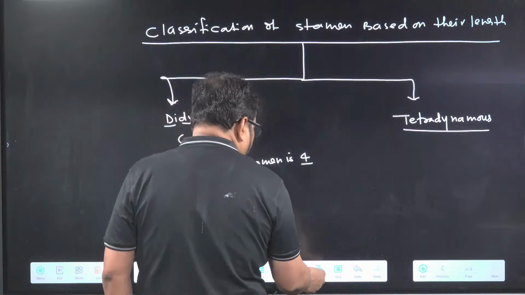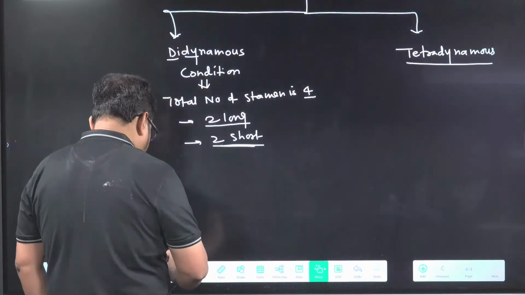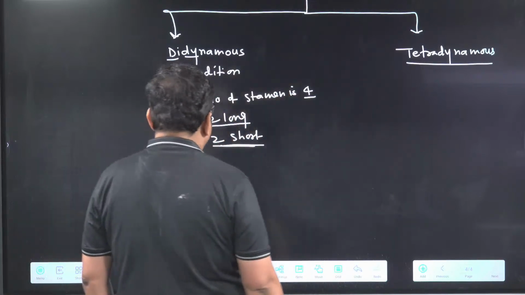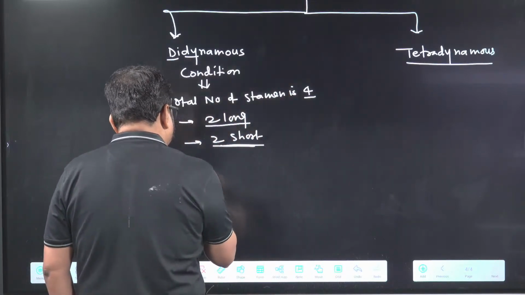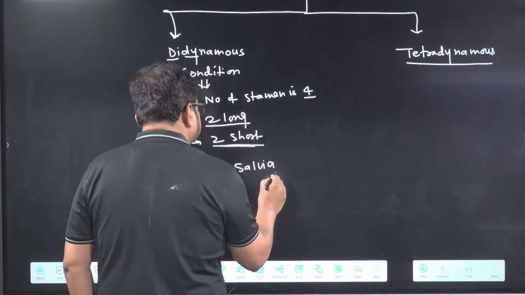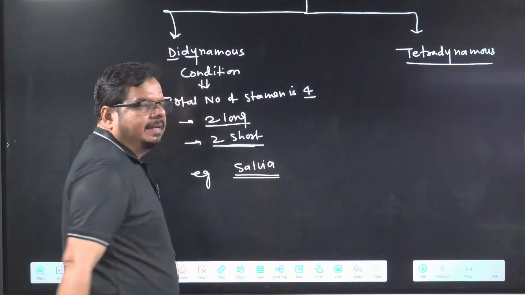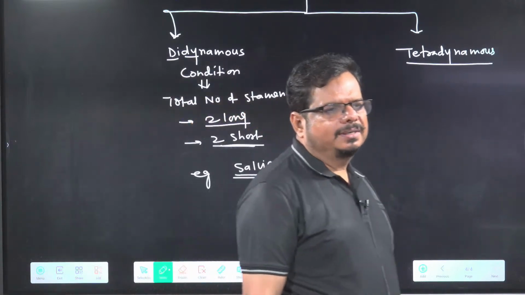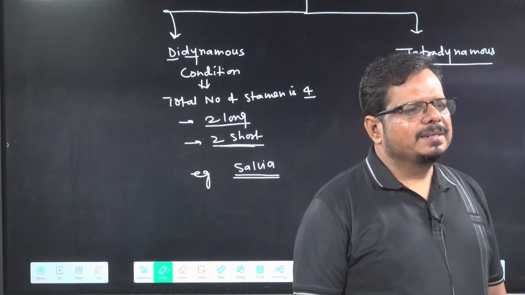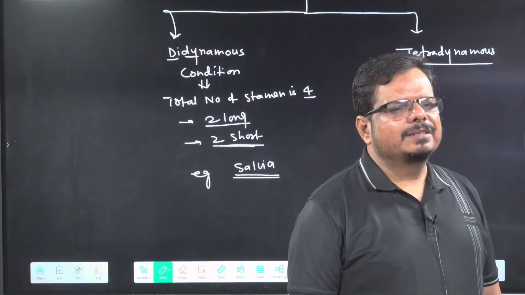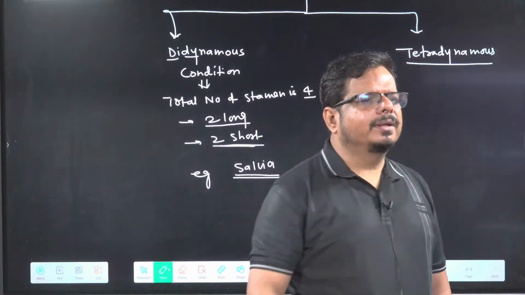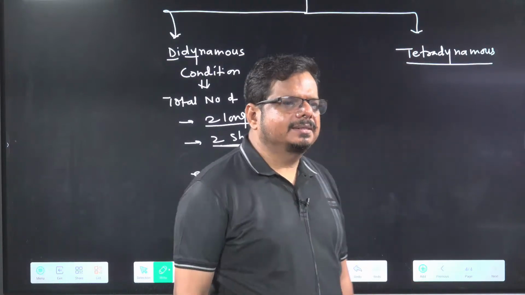Two are long and two are short. An example of didynamous condition is salvia. Did NCERT write the example salvia or not? But they have simply given unequal length. They did not categorize much. We just simply decoded it, with simple decoding.